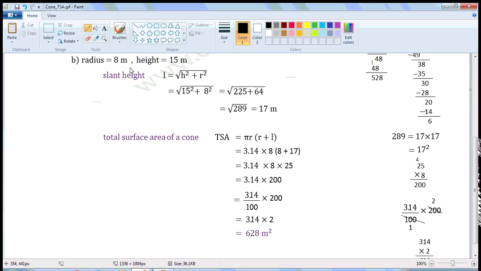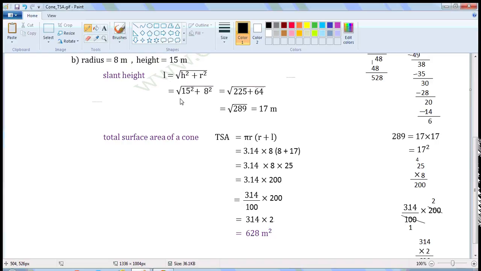Here slant height is not given, but radius and height are given. We can find the slant height when radius and height are given using the formula L is equal to root of h square plus r square. Substitute the values of height and radius in this formula to find slant height.